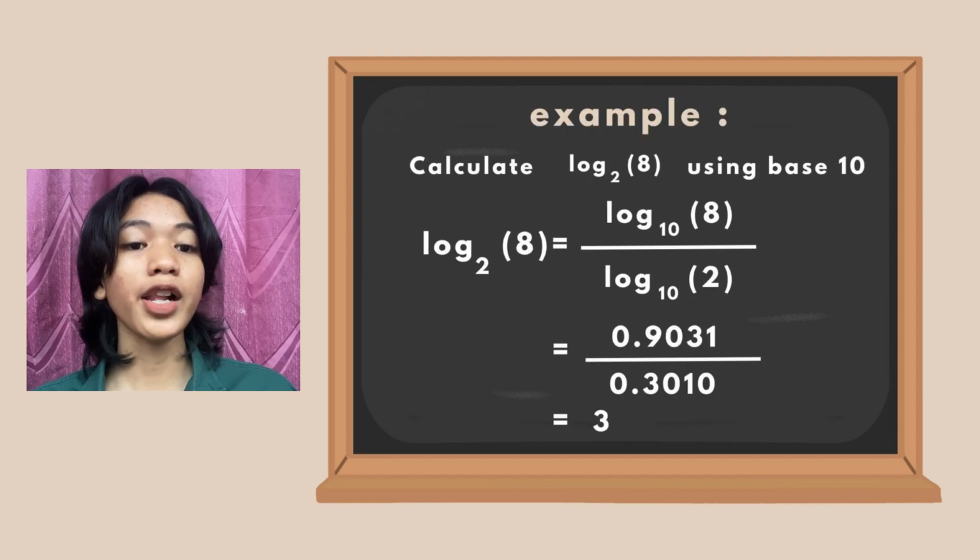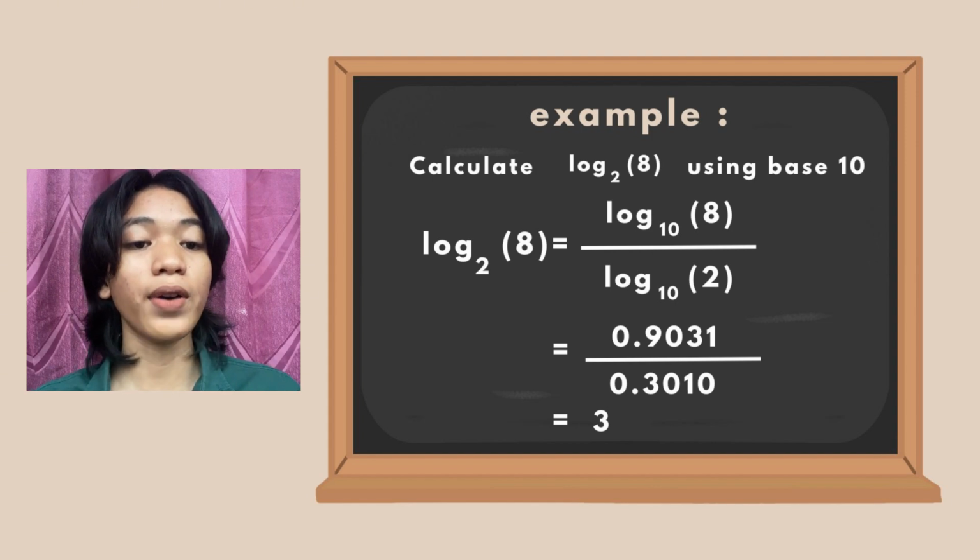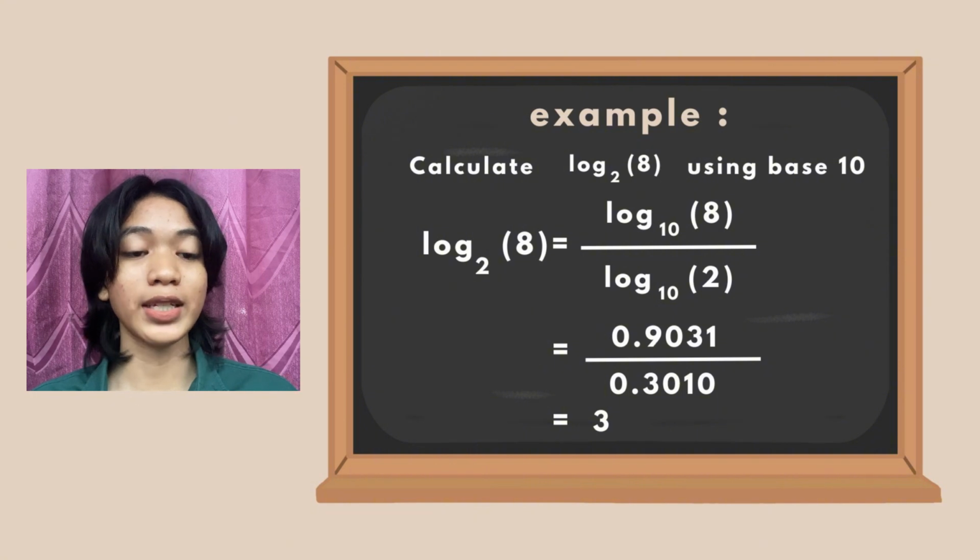Example, calculate log base 2 of 8 using base 10. Log base 2 of 8 equals log base 10 of 8 over log base 10 of 2, which equals 0.9031 over 0.3010 equals 3.